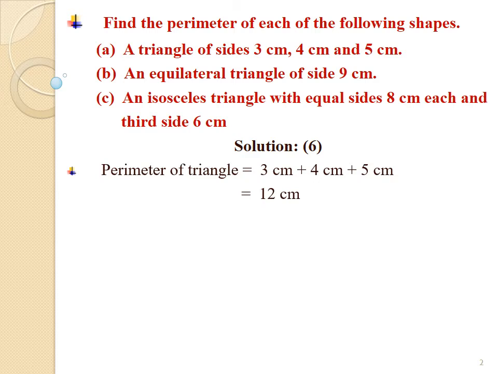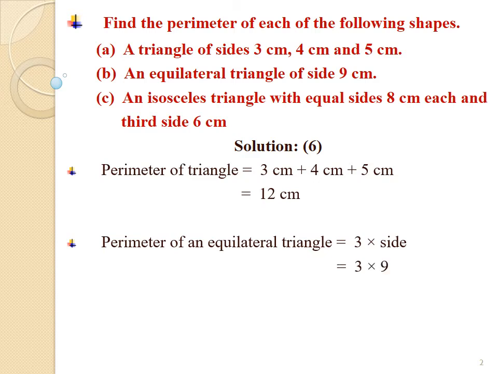Now, sum B. Perimeter of an equilateral triangle equals 3 multiplied by side. Multiplying 3 by given side 9, we get 27 centimeters. Thus, perimeter of an equilateral triangle is 27 centimeters. Now sum C.